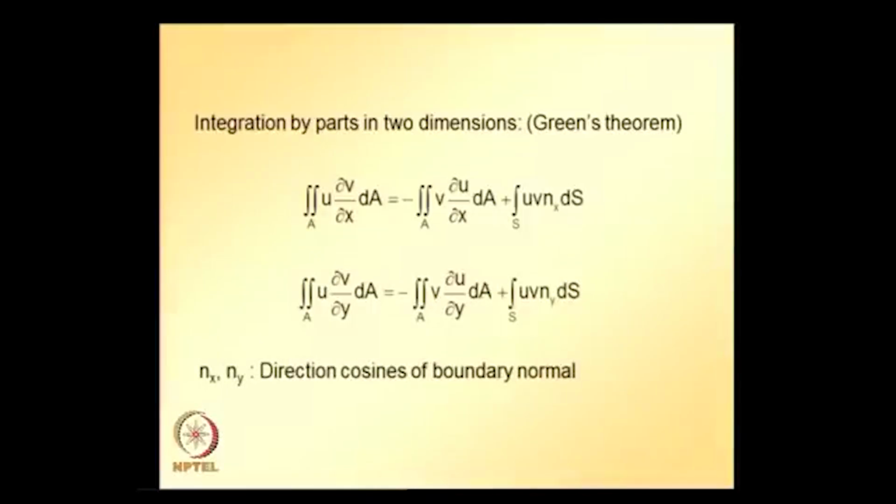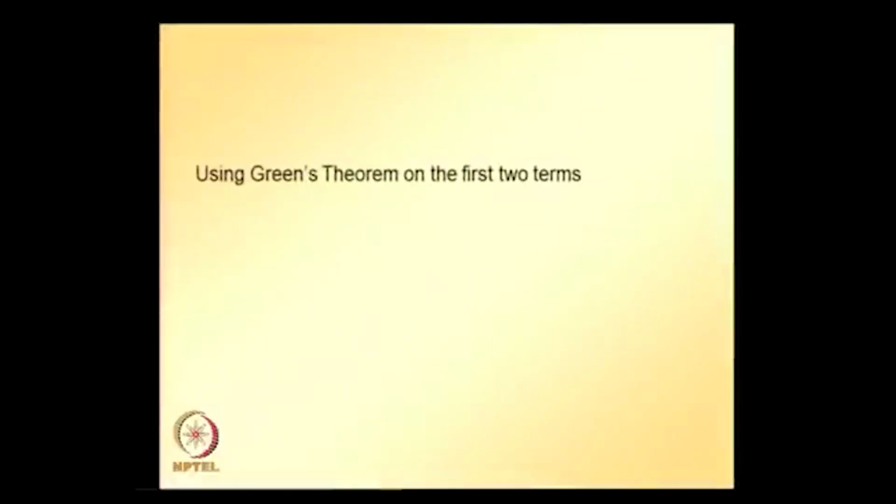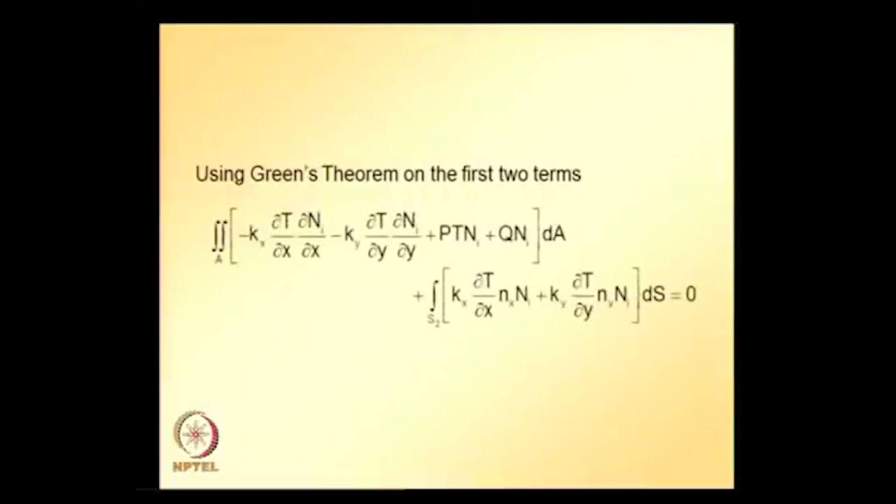Here n_x and n_y have the same meaning as what we discussed: direction cosines of the boundary normal. Using these two equations, the first two terms of the earlier equation can be written in this manner.